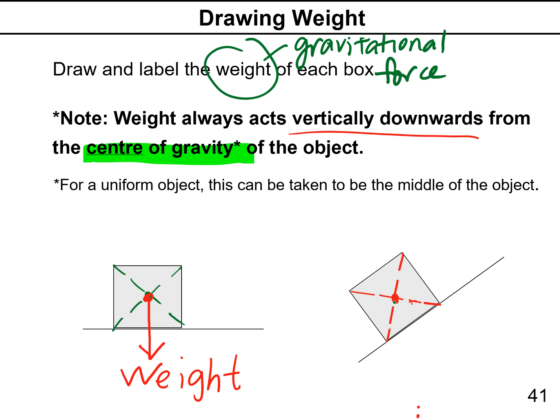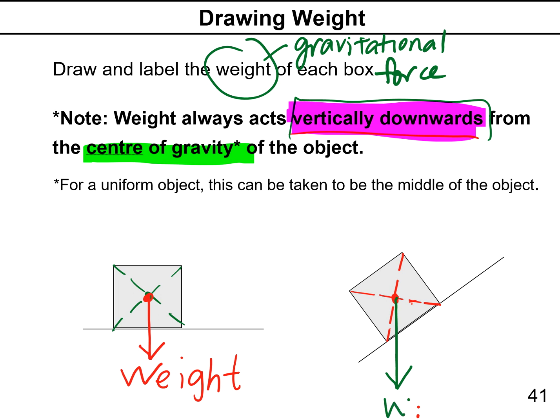I will still locate the middle and I will still draw it vertically downwards. This part will not change. So I'm going to put my ruler here and I'm going to draw vertically downwards. So here, completed the drawing of the weight.